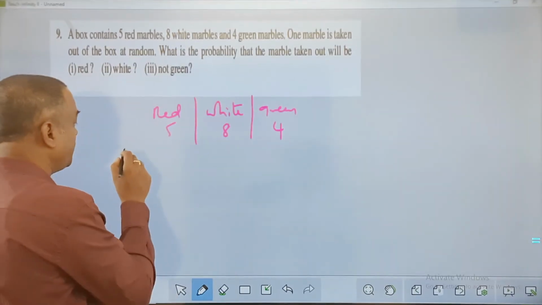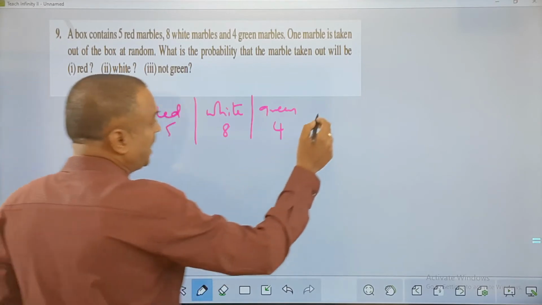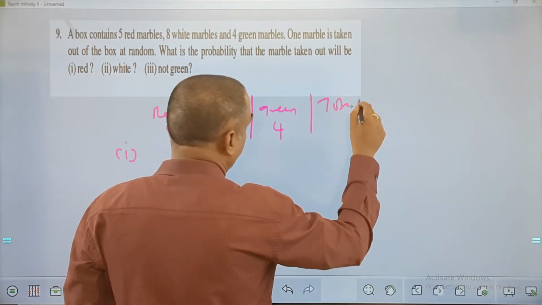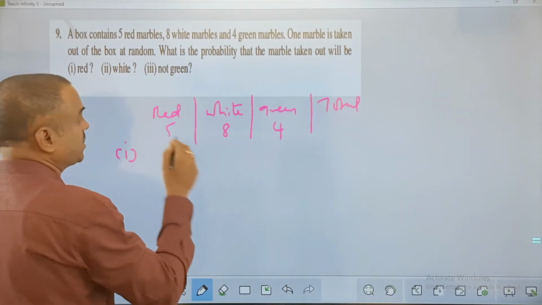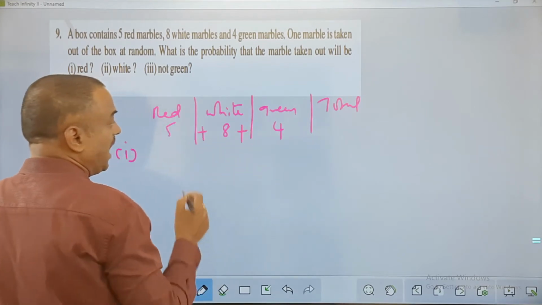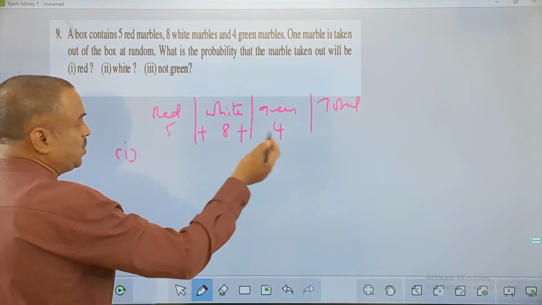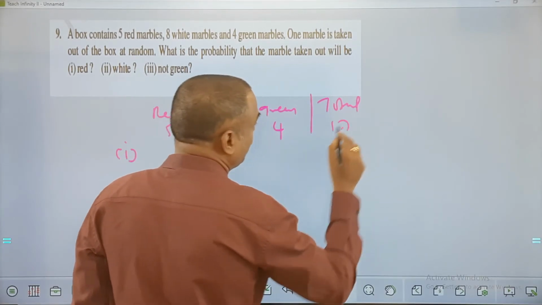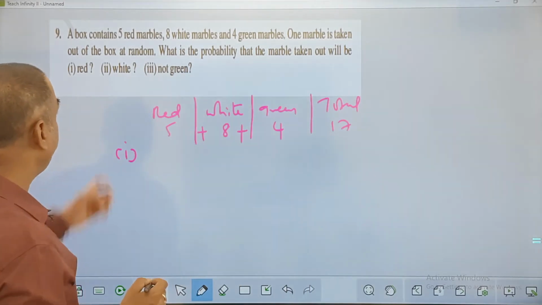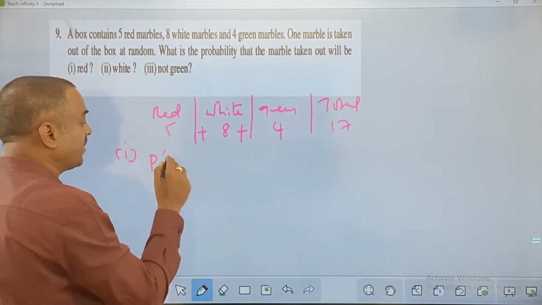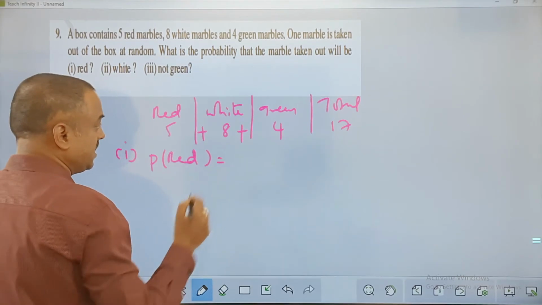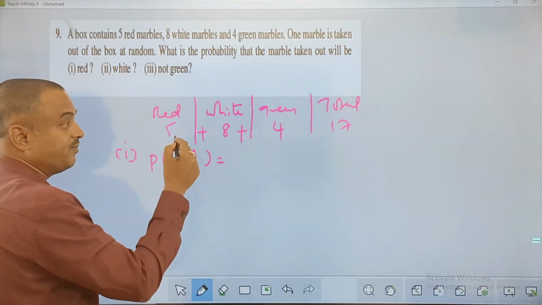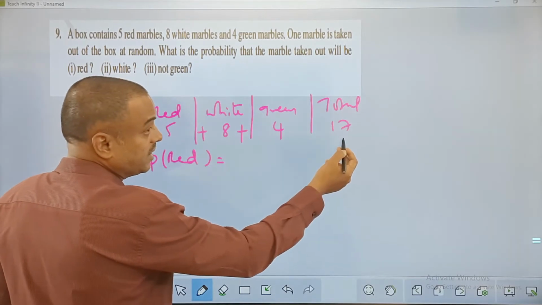I'll start with red. Before that, I need the total number of balls in the box. Adding them, 12 and 5, that is 17 balls we have. Now the probability of getting a red color: how many red are there, friends? 5 out of the total 17.